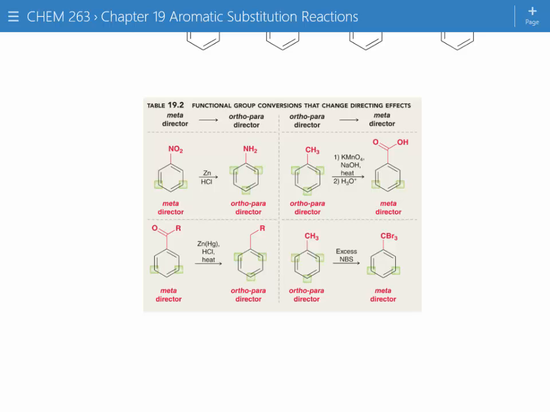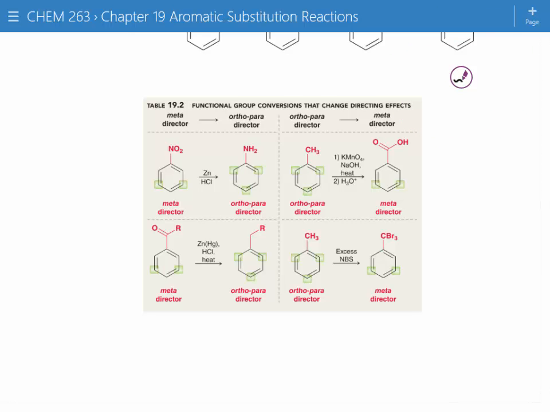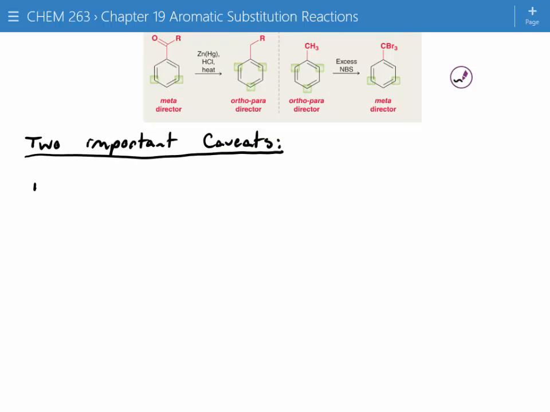So these are all really useful, but there's a couple important caveats I really wanted to emphasize. I kind of brushed on these earlier, but I wanted to emphasize them again.